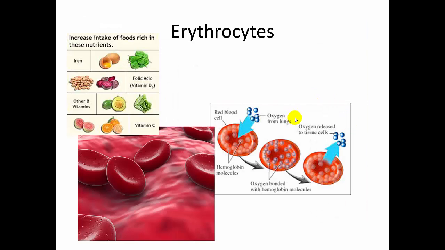So, let's talk about red blood cells. Red blood cells are the cells of the blood that function to carry oxygen and carbon dioxide. So that's their primary role.